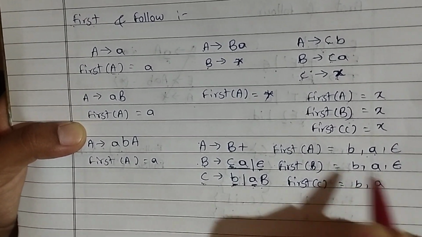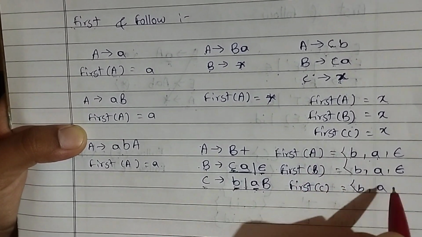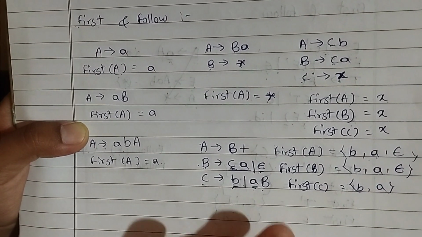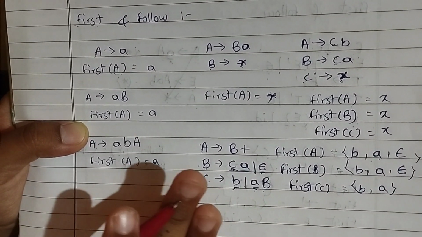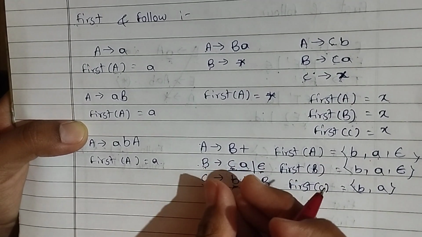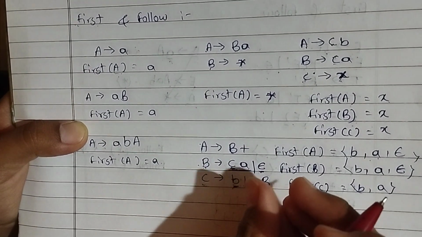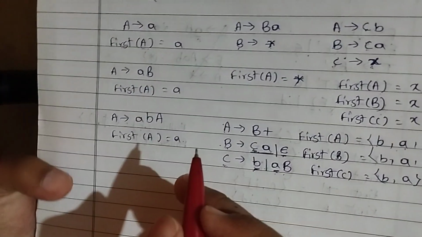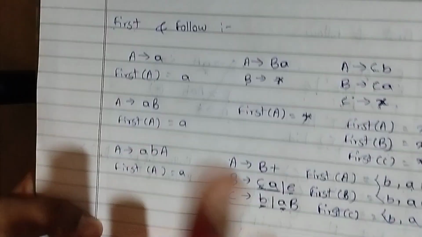So these are the firsts, and this is how we find the first for the grammar. It is too simple. First means we consider all the terminals, the small letters or the operators. That's enough. Now we see how we find the follow.